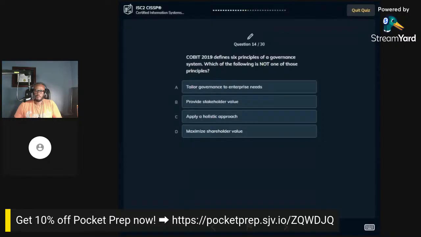Tailor governance to enterprise needs. You can cut A out because COBIT does have you tailor governance to enterprise needs. So we're down 75%, 3 out of 4. What about Delta? Maximize the shareholders' value.